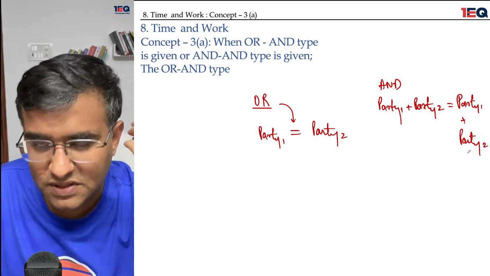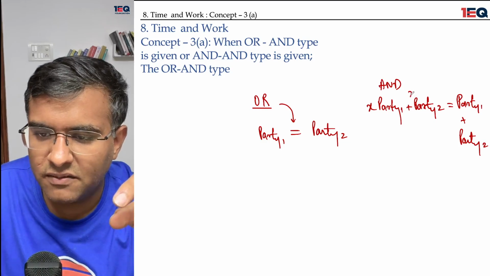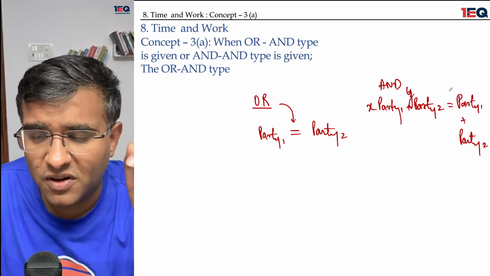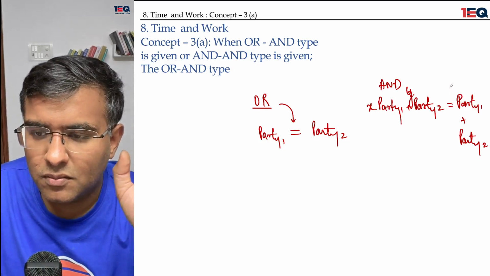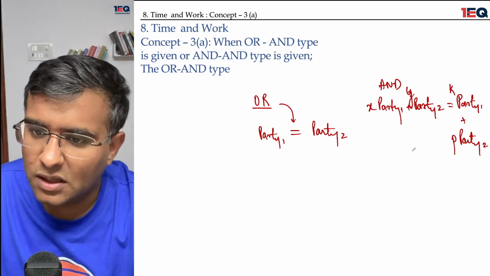The only difference would be the number of parties, let's say here it is x and y, and the coefficients of the number of parties may be k and p. Okay, it can be different.